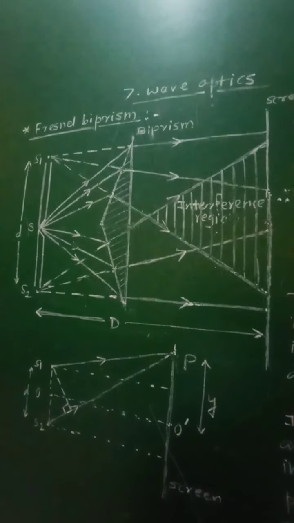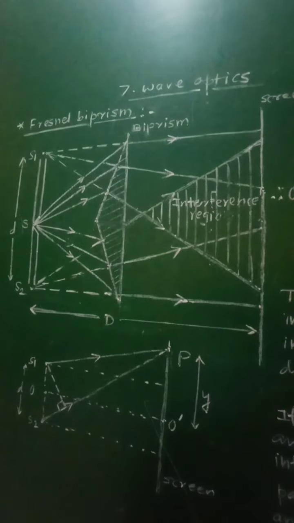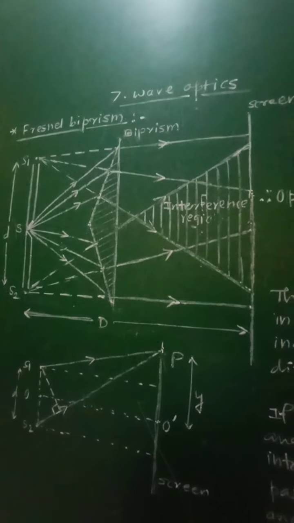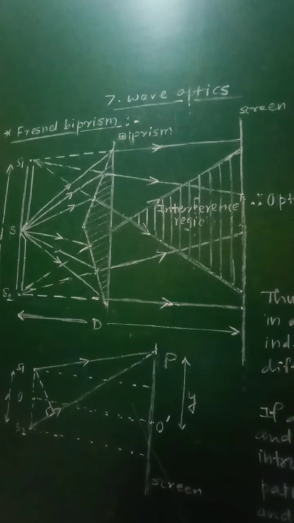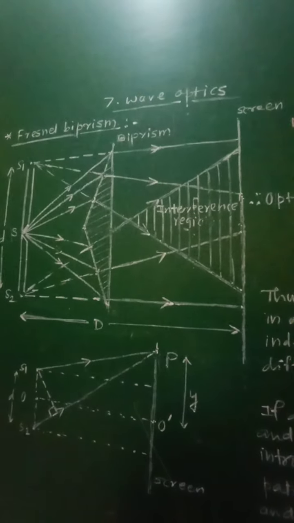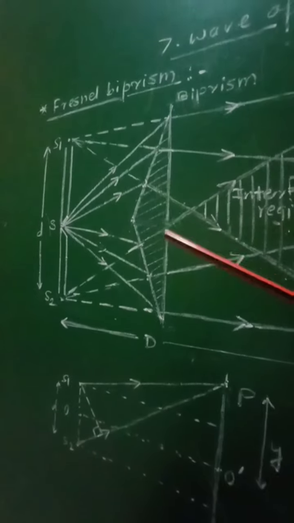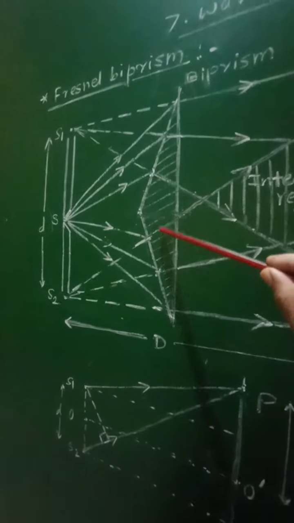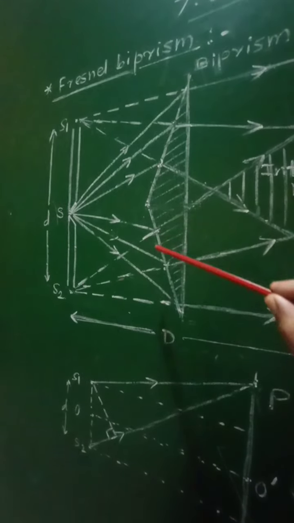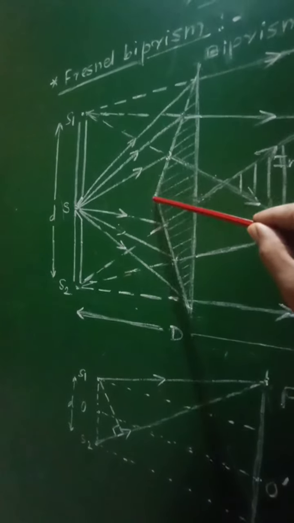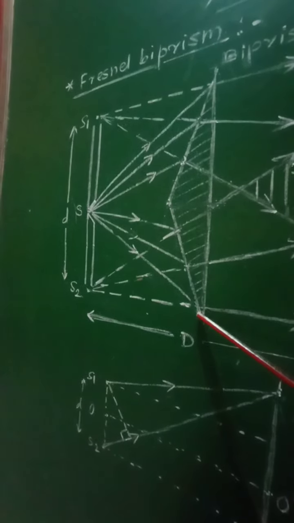It can be considered to be made up of two prisms with very small refracting angles ranging from 30 minutes to 1 degree, joined at their bases. In this diagram, this is the biprism having its vertex angle nearly equal to 180 degree, so that these two are the refracting edges of that biprism.